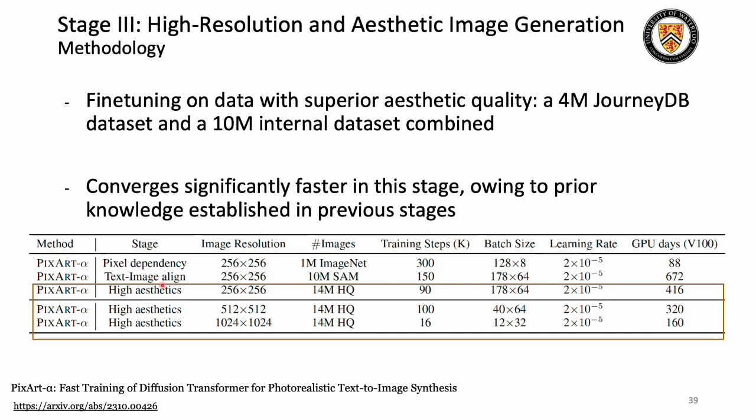And as the resolution increases from 256 by 256 to 1024 by 1024, fewer training steps are needed in this stage, and with a decrease in batch size. And this reflects an optimization of the learning process due to the high quality of the input data and the cumulative knowledge from earlier training steps.